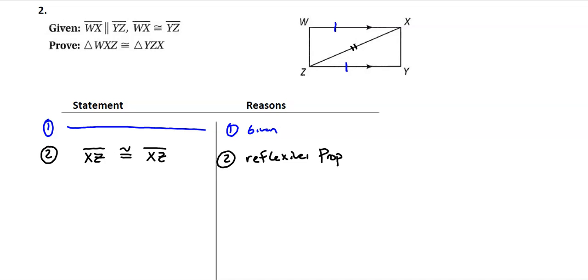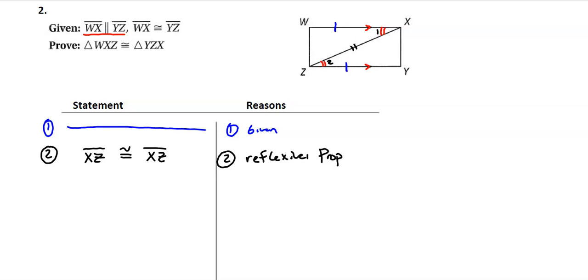Now I got to wonder, why did they give me this clue? Why did they tell me that WX is parallel to YZ? So when I have two parallel lines, I do have alternate interior angles. So I think we can go in and I think we could say that this angle 1 and angle 2 have to be congruent to each other.